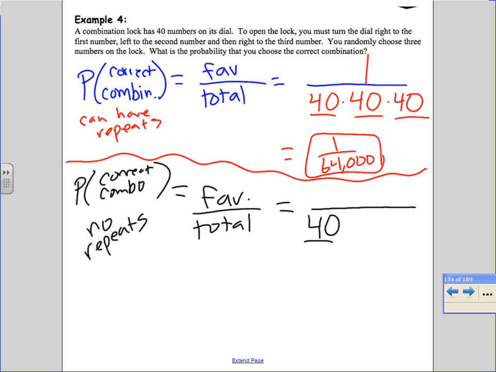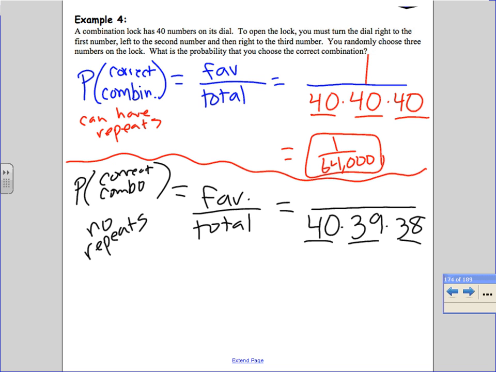It's just like factorial, but you can't have a repeat. So the first time you pick a number, there's 40 options. If you choose that number, the second time you pick a number, there's now only 39 numbers to choose from because you're not allowed to repeat. Third time you get one, there's 38 because you've already chosen 2 and you can't repeat.